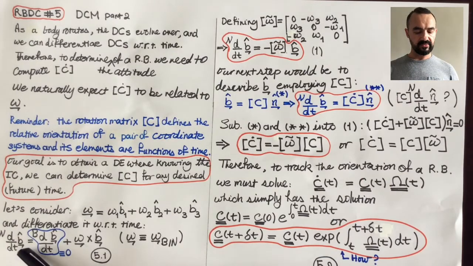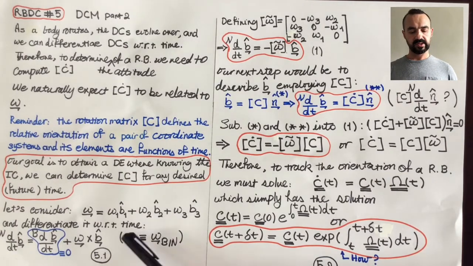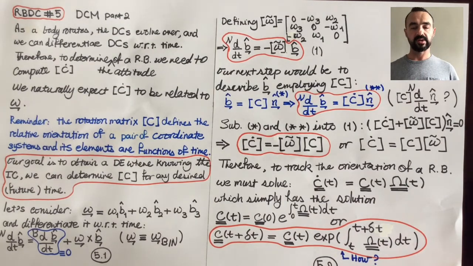We know that if omega is the body's angular velocity described in the body attached frame, and B's are unit vectors in the body attached frame, then we can relate how we differentiate B in the N frame, our inertial frame, to how we differentiate B in the body frame.